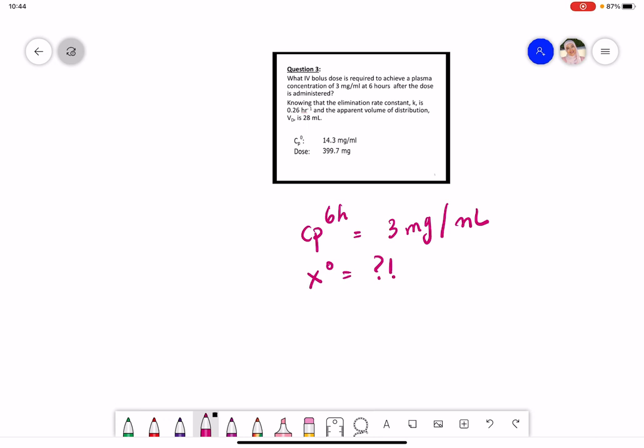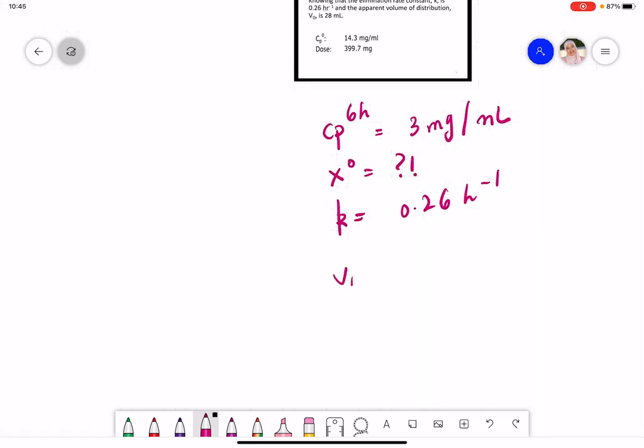What is the IV dose required to achieve a plasma concentration of 3 milligram per milliliter at 6 hours after the dose is administered? Knowing that the elimination rate constant, K, is 0.26 hour minus 1, and the volume of distribution is 28 milliliter, okay? So as the volume is the same here, we are fine again, and we have concentration at certain time. We need to know the dose.